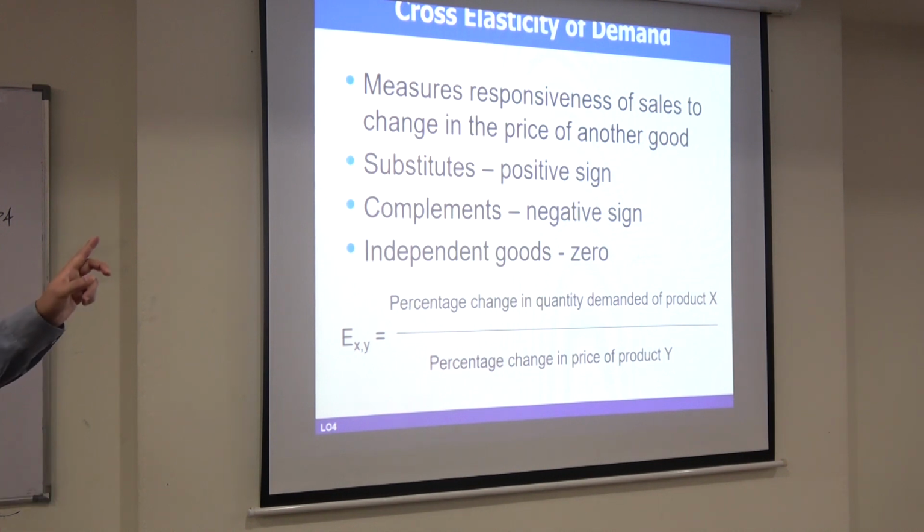But for cross price elasticity of demand, we are looking at the relationship between the price of X and the quantity of Y, two different products. The reason is that in the market, we have many products which can have a relationship with each other, either as substitute products or complementary products.